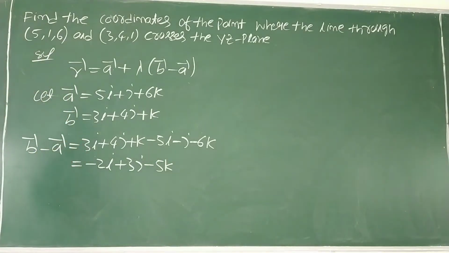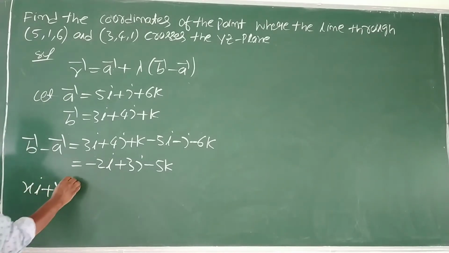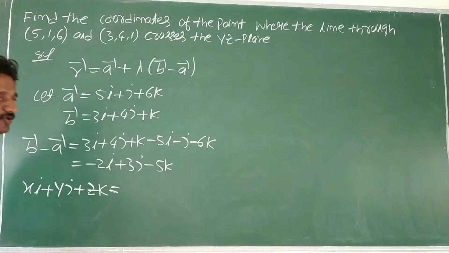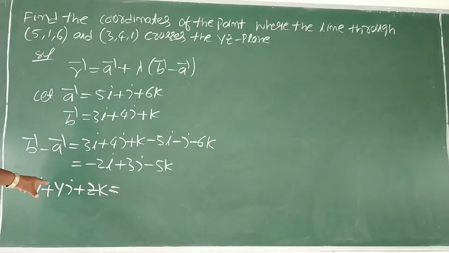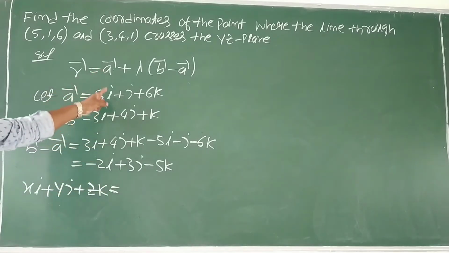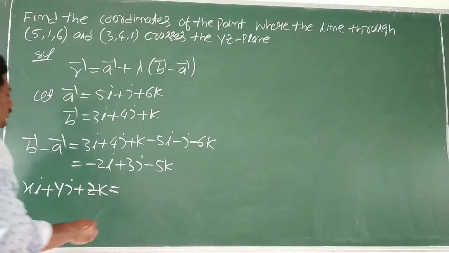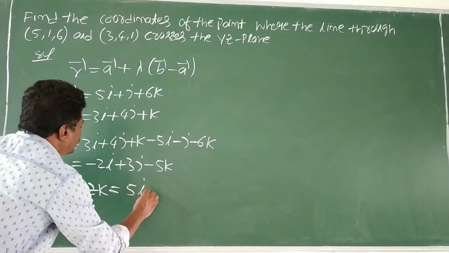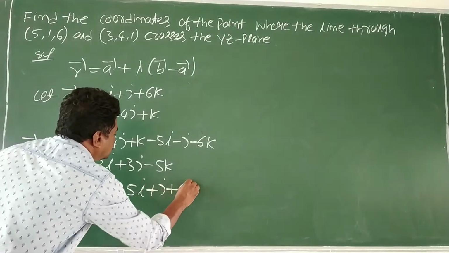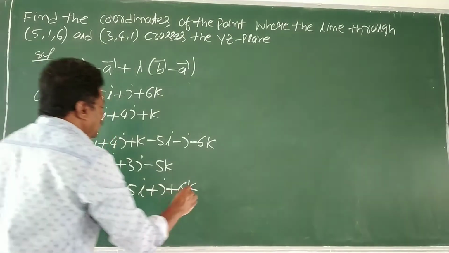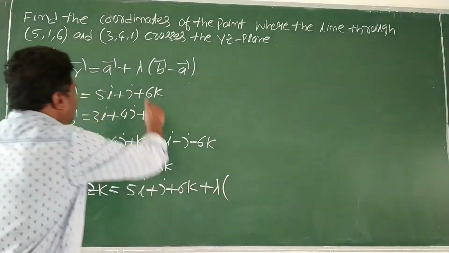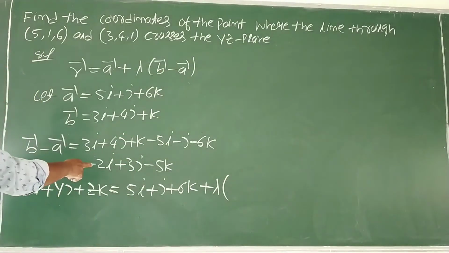Now you substitute these things in that given equation. Vector R. What is vector R, students? Xi plus Yj plus Zk. Vector R means Xi plus Yj plus Zk is equal to vector A. Substitute for vector A, 5i plus J plus 6K plus lambda into B minus A. Tell me B minus A, students.